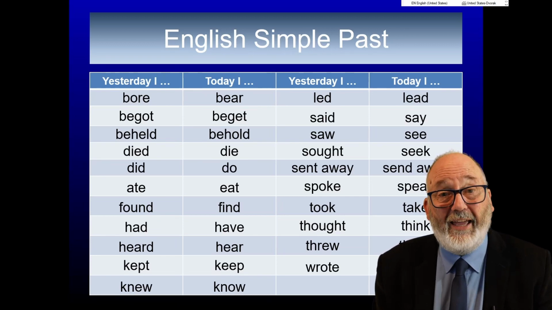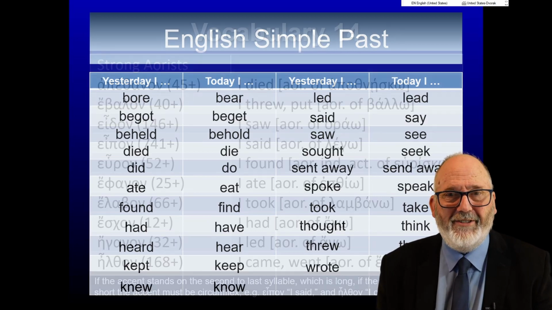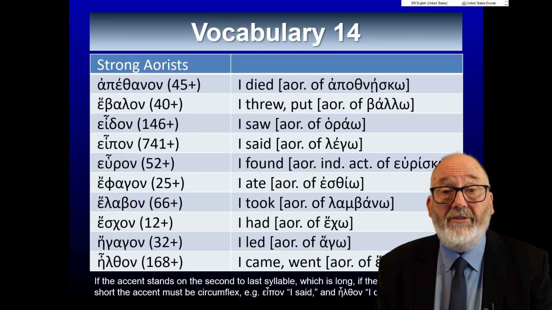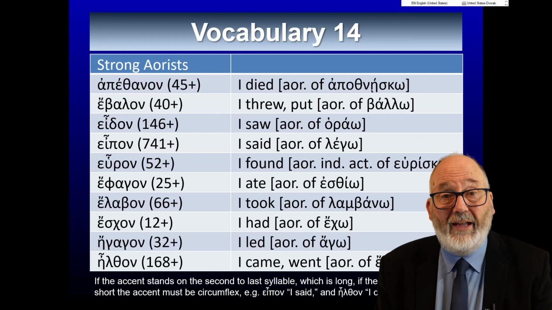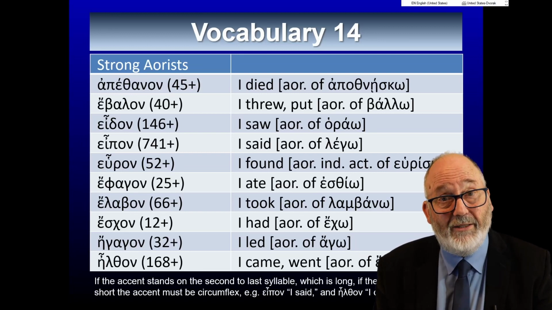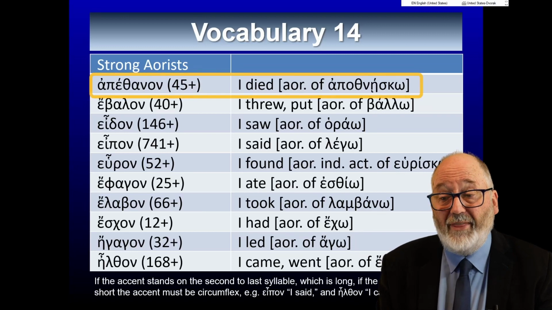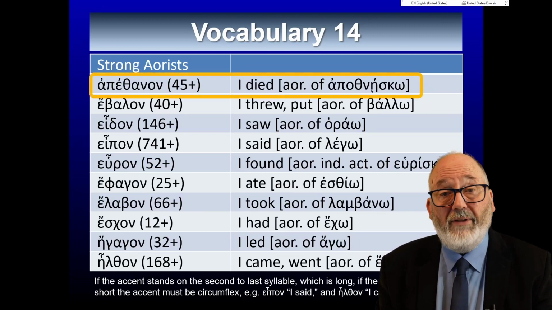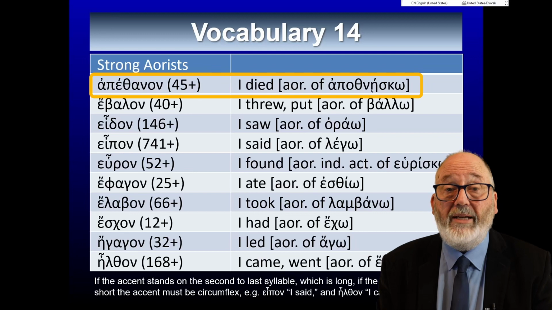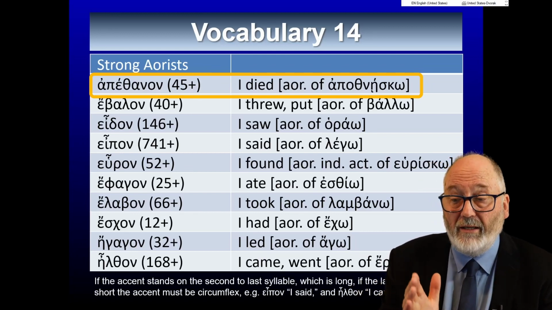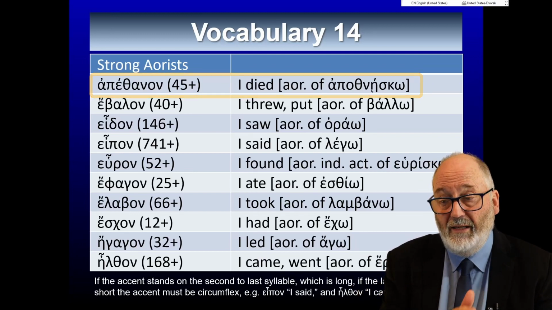So let's look at some of these strong aorists or irregular aorists. So here is a list of strong aorists that are found in the Greek New Testament. Apothanon is the strong aorist of apothnesko. Apothnesko means I die. Apothanon means I died.